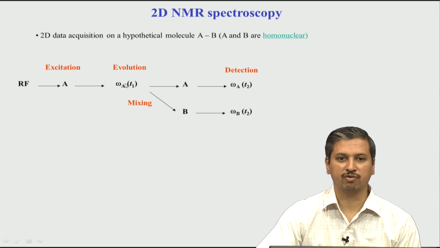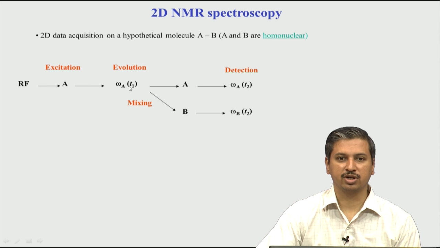Mixing is different from evolution. During evolution the only thing happening is the chemical shift evolving, but during mixing we transfer the magnetization from here to here, or the coherence is basically interchanged.